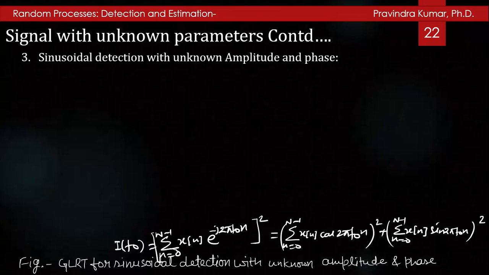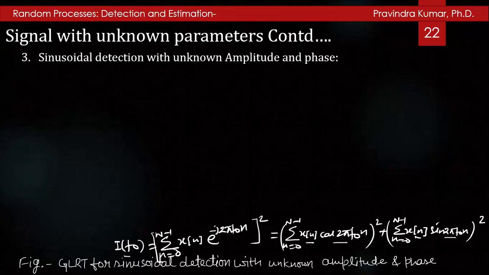So to find the periodogram or test statistic, first we combine x[n] cos 2πf0n, take the summation from 0 to N-1 and square the total. Also we combine separately x[n] sin 2πf0n, take the summation from n=0 to N-1 and take the whole square of this calculated value.